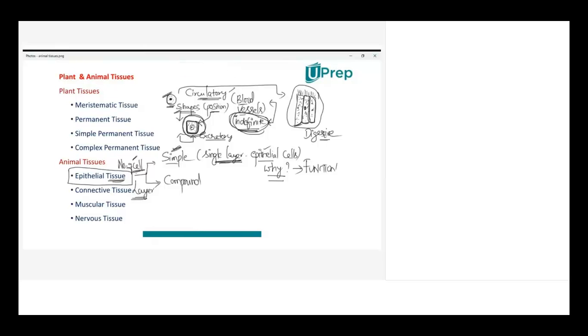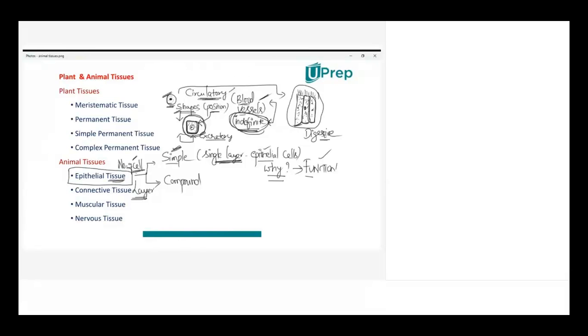At the same time, when you find epithelial cells in the circulatory system, for example blood vessels, blood will be flowing through them. So if their shape is random, there will be free flow of blood. So to carry out that circulation function, the shape changed like that.